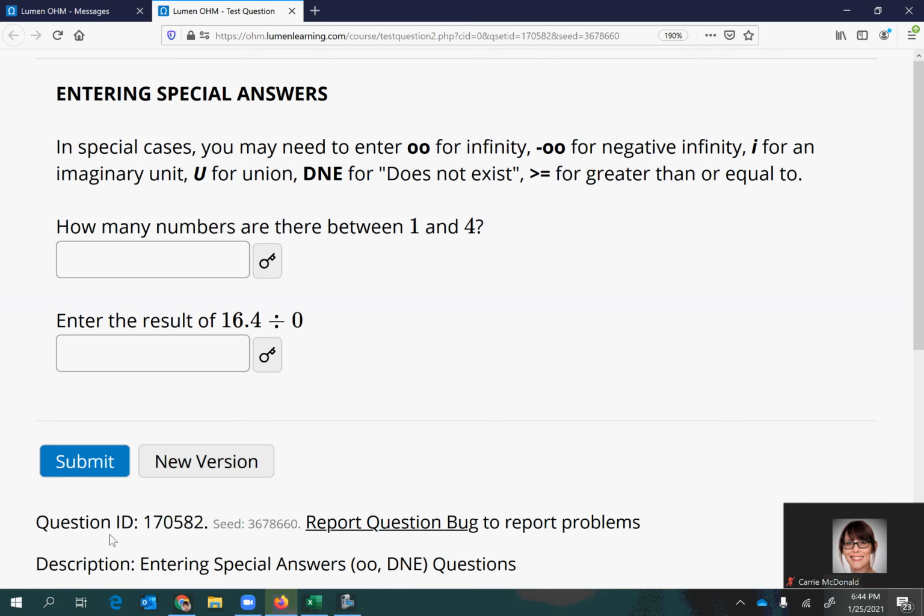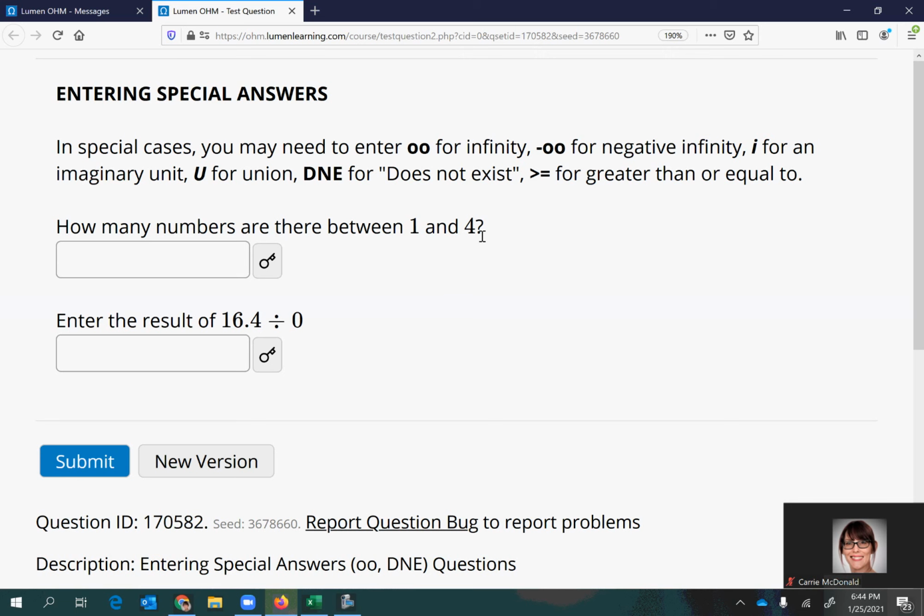So I only had a few questions. Let's see. The first one says entering special answers. This was from the student tutorial. The question is, how many numbers are there between 1 and 4? Well, between 1 and 4, there are an infinite number of possible values.